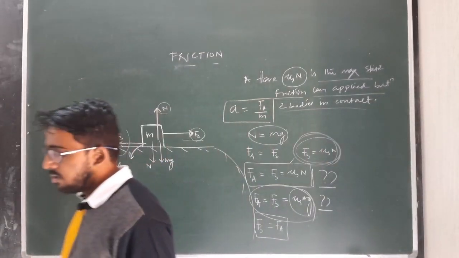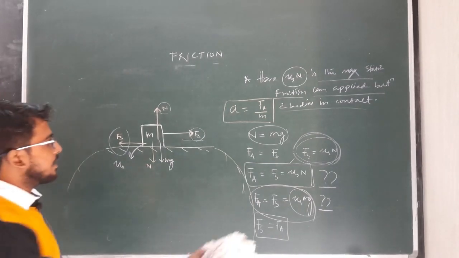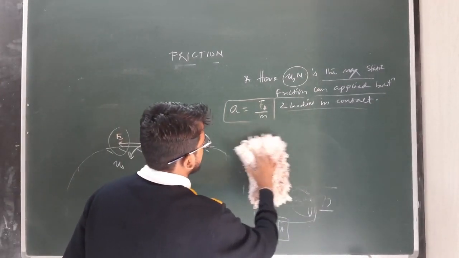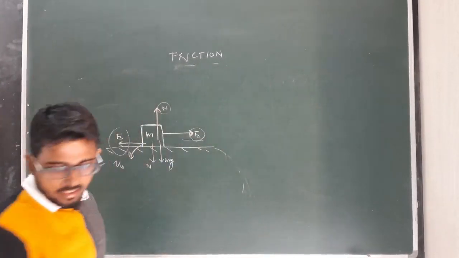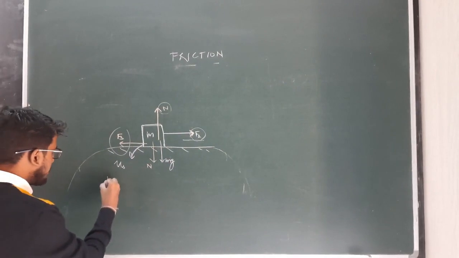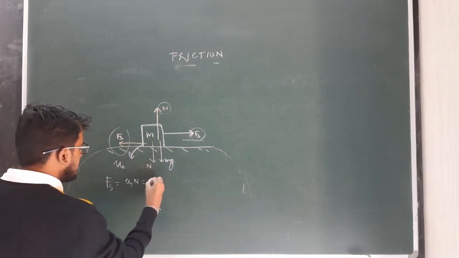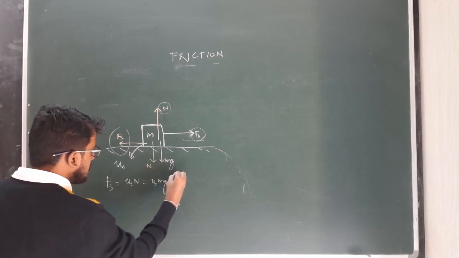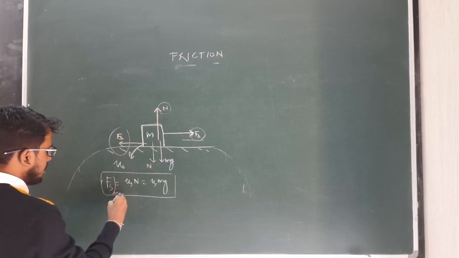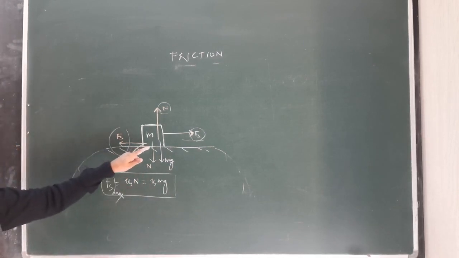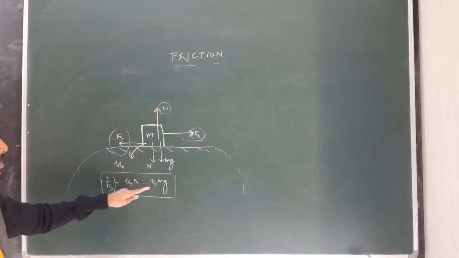So for example, taking certain numerical values, I am explaining it. You have to remember that here Fs is equal to mu s into n, which for this particular case is equal to mu s into mg, is the maximum frictional force, F maximum, that can be applied. But it is not necessary that always the static frictional force is this much.